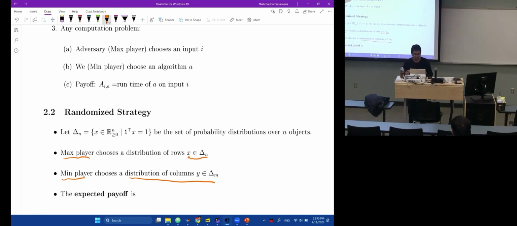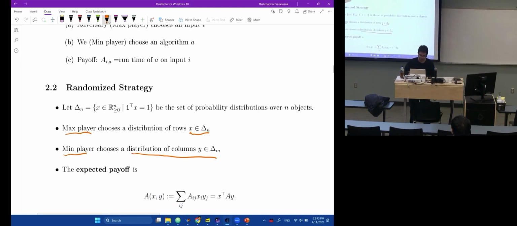So what is it? The expected payoff, which I will use A(X,Y) to denote, is just a sum over i and j of the payoff times the probability that row i is chosen times the probability of column j.